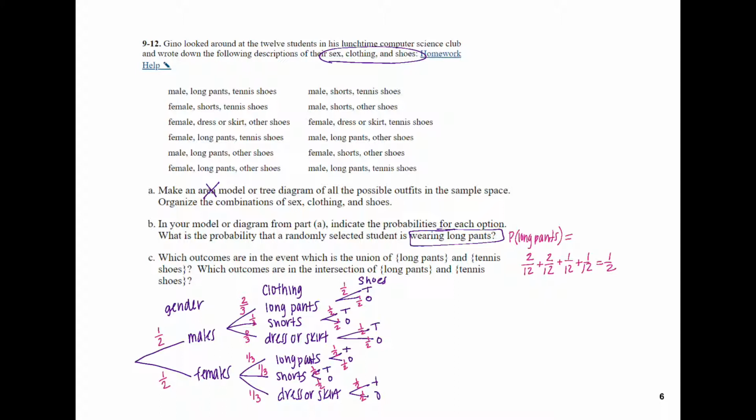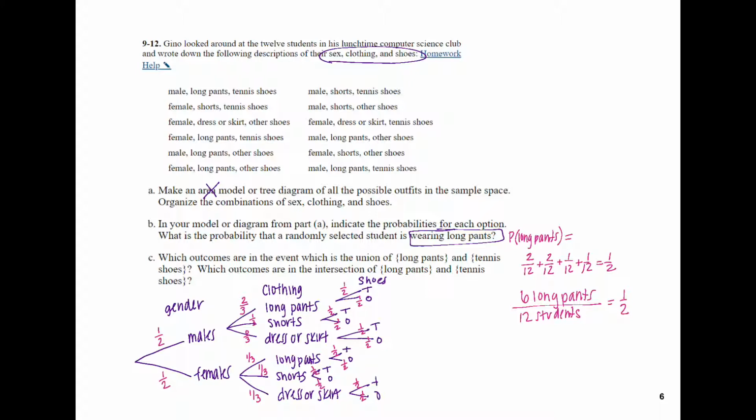So another way of looking at that is we have 6 long pants out of 12 students, so the probability would be 1/2 that the person would be wearing long pants.